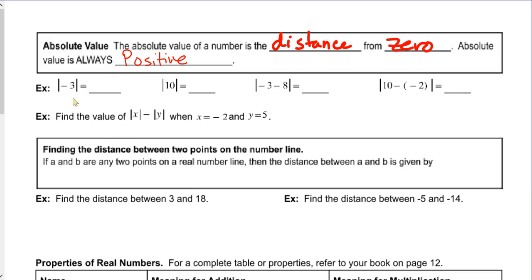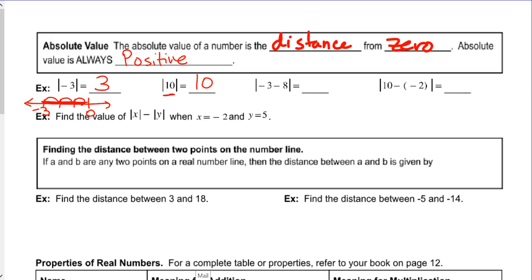If we think about our number line, here is 0 and I come down here to negative 3. What is this distance right here? Well, if I'm walking, there's 1, 2, 3 spots, so it is just a 3. So if your number is negative inside, then it becomes positive for the absolute value. If your number is positive on the inside, then it basically just becomes that number. Again, the distance is always going to be positive.